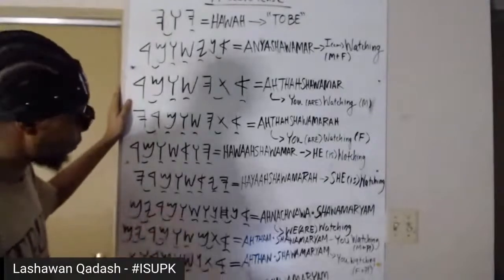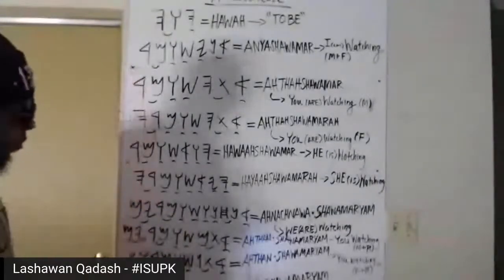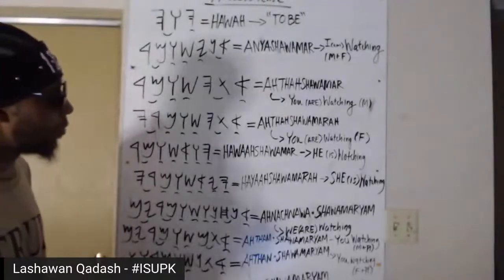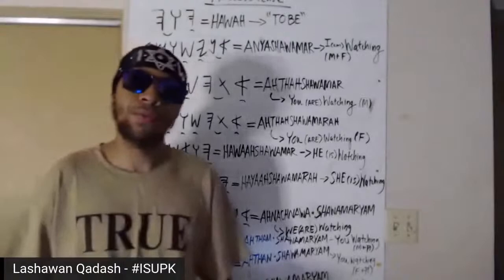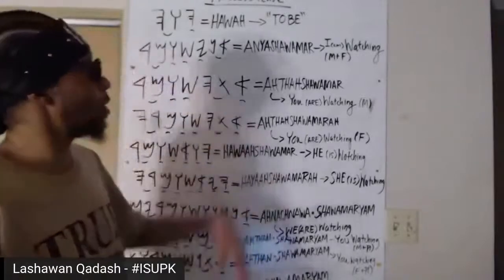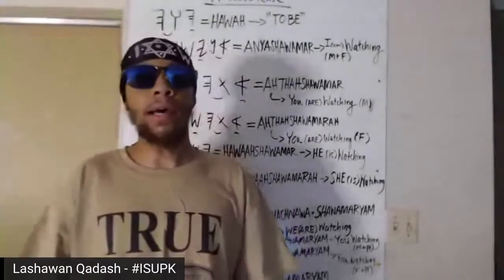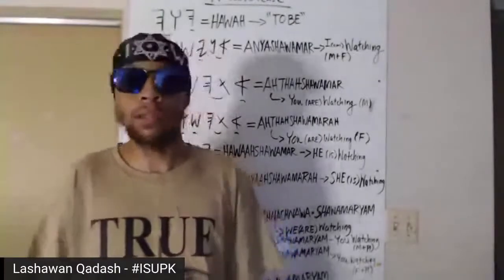And so, yeah, we learned a lot, and we have a lot more to learn. We still have some foundational things to go over as far as the basics for Lashawan Qadash. All right. Look at this as a one-on-one class.